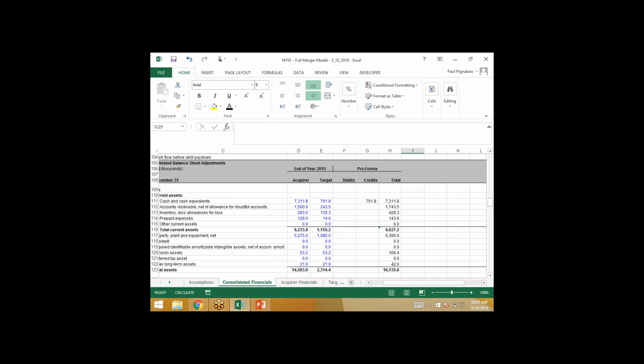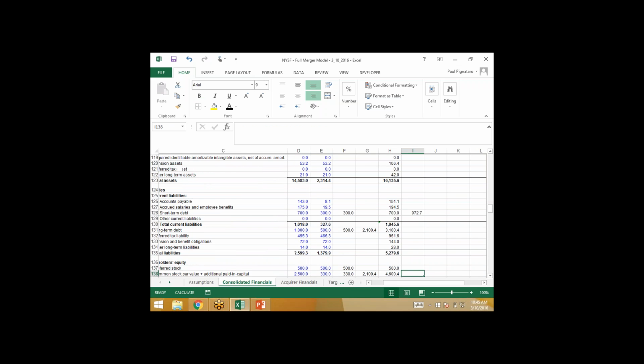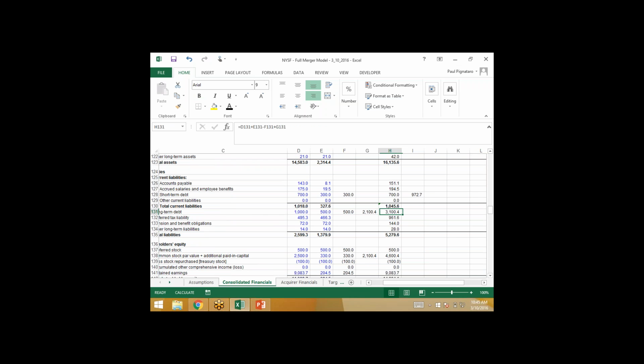This is what we're comparing to. So 972.7 is being funded by these two. Where is that difference? That difference is the fact that we didn't include the fees yet. We didn't include the goodwill. We didn't include the intangible assets. Once we put that in, it'll all match up. Oh, so it's included in the first long-term debt. Yeah.